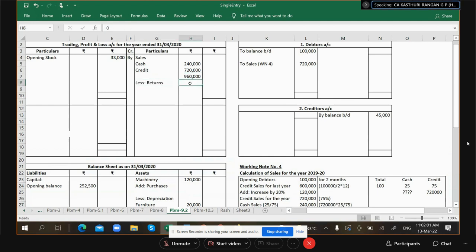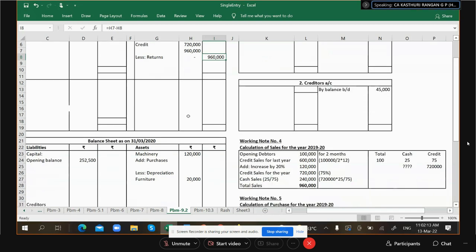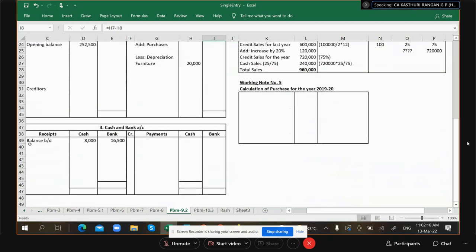Any sales return given in the problem? No. Therefore, total sales is 960. Are you clear, friends? So credit sale is recorded in debtors. Where will you record the cash sale? In the cash column.